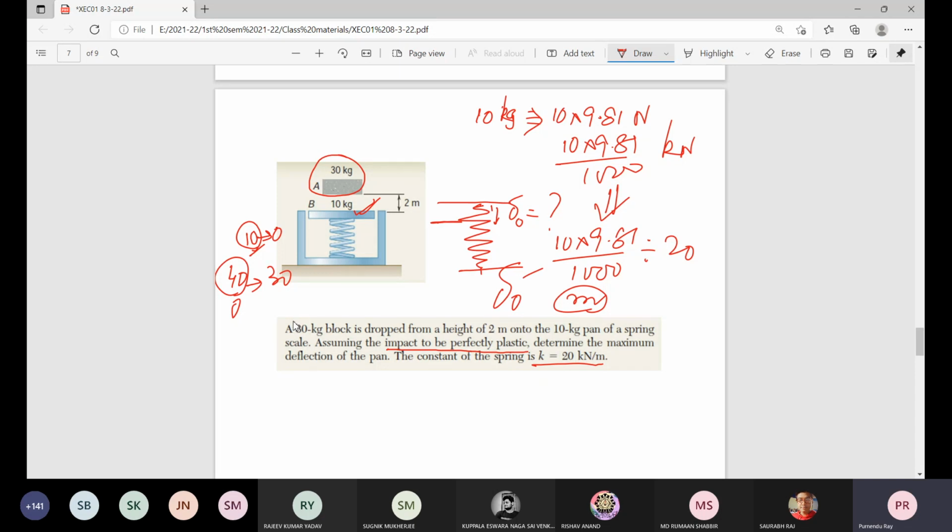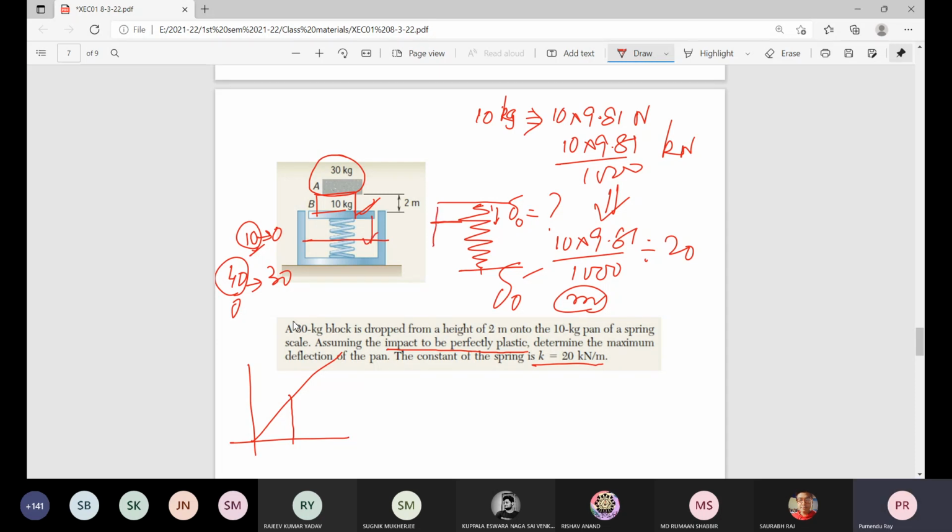It is one thing. Then, in this graph, if there is some maximum deformation when the 30 kg block is over it, what about the final compression or this additional compression?